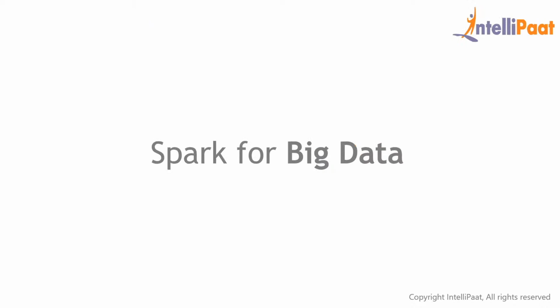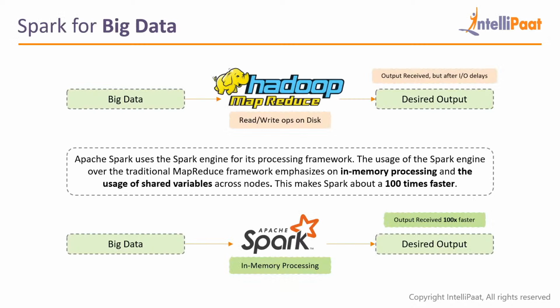So why is Spark so fast, and why is Spark so beneficial? As we can see, big data, originally it was analyzed using Hadoop MapReduce. What Hadoop MapReduce does is every time it is generating an output or an intermediate output, it reads and writes files from the disk. Disk could mean the hard drive that you have on your computer, or the hard drive that is there on the server.